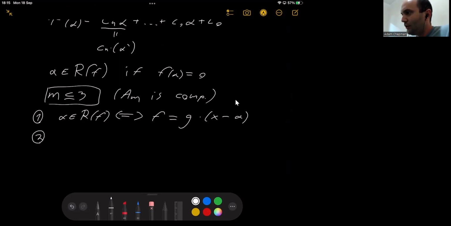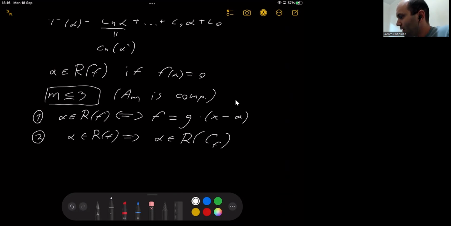Now, how do we find these roots? For composition algebras, we actually have an algorithm, and it works this way. If alpha is a root of f, then alpha is a root of its companion polynomial. And what do we mean by a companion polynomial? The companion polynomial has several different definitions, but in this context, the easiest one is just to say that it's actually the norm of f.